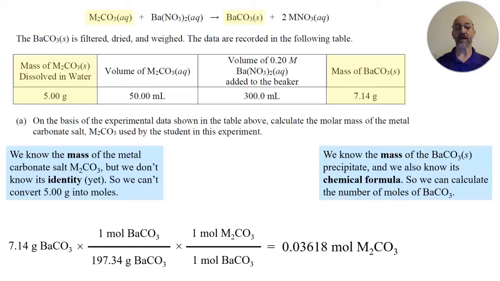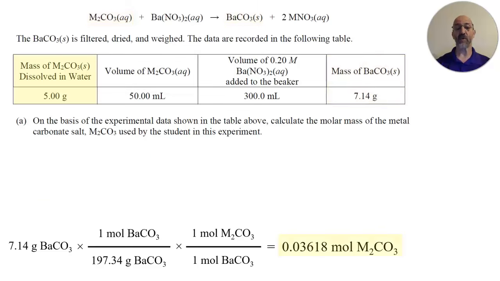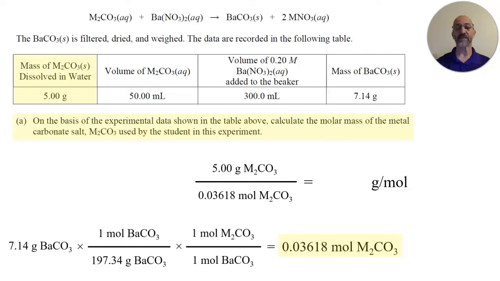So how does this help me answer part A of this question? Well, if you have grams and you have moles for the same substance, then you can connect grams and moles. So molar mass is grams per mole. That means that grams divided by moles will give us what we're looking for. So 5.00 grams of this mystery substance, the metal carbonate salt, divided by 0.03618 moles of that same substance.